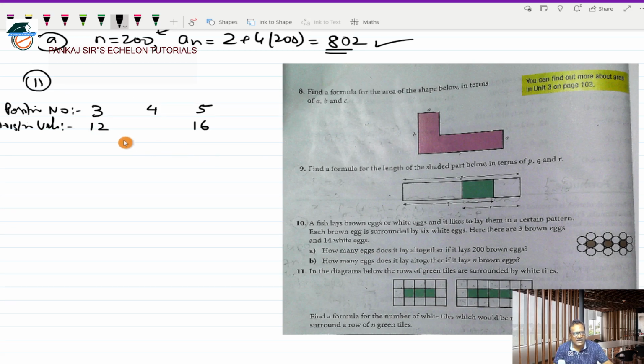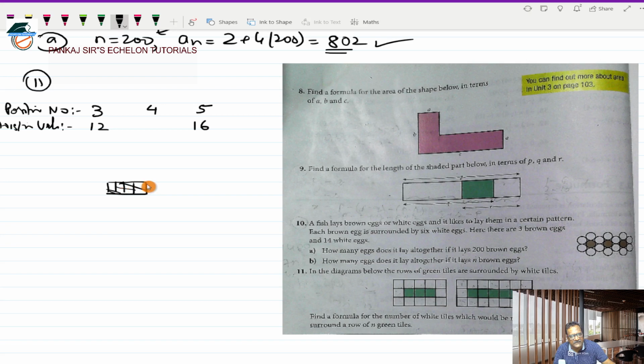If you go by this pattern, when there are 3 green tiles, the number of white tiles is 12. When there are 5 green tiles, the number of white tiles is 16, right? So when there are 4 green tiles, if you draw it, suppose these are 1, 2, 3 and 4 green tiles.